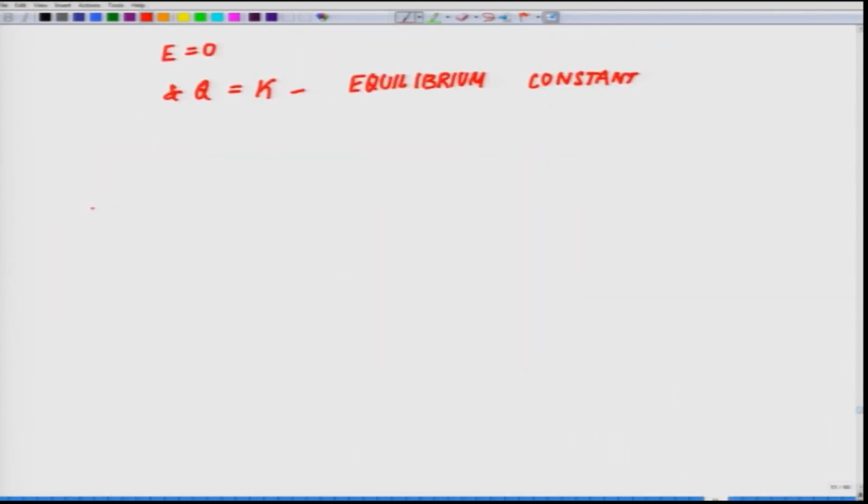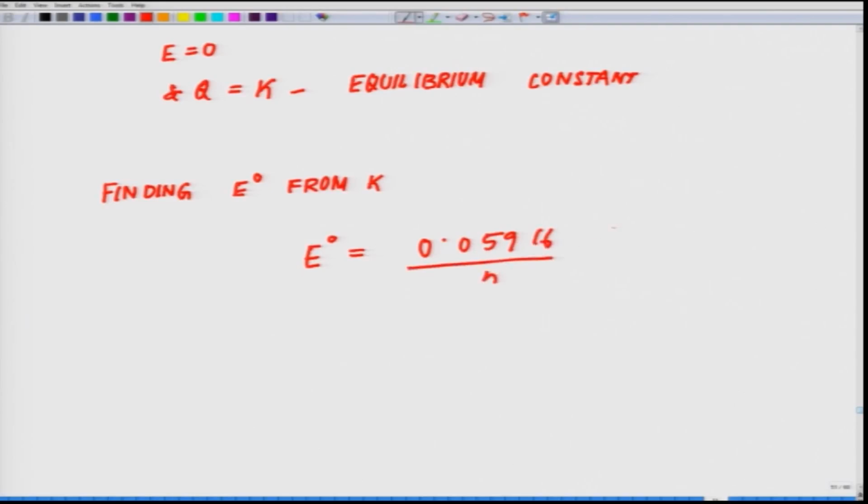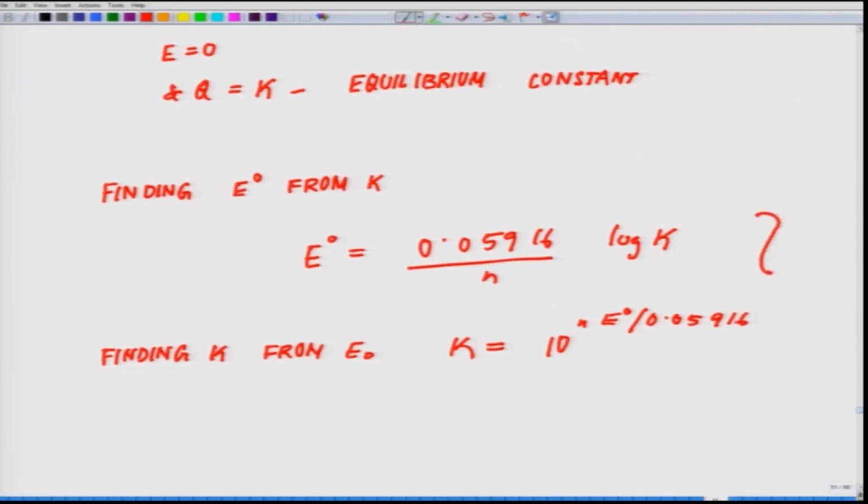So, what you are getting in that situation, you are finding E0 from K, that makes it E0 equals 0.05916 divided by N log K. Similarly, finding K from E0, K is equal to 10 to the power N E0 divided by 0.05916, and all these reactions are happening at 25 degree centigrade.